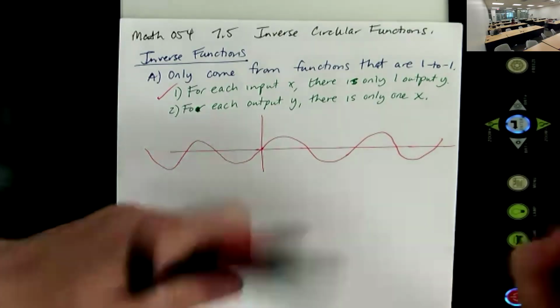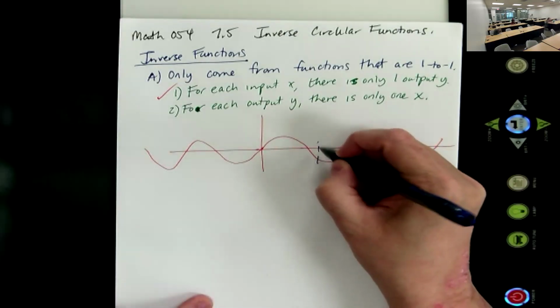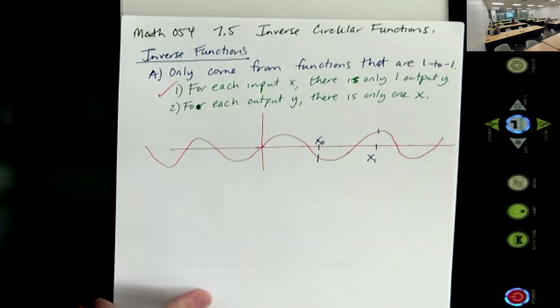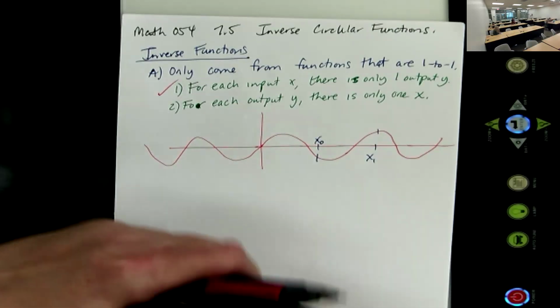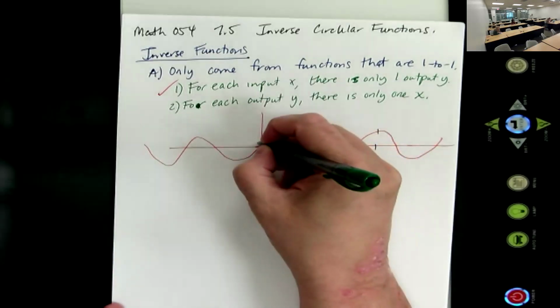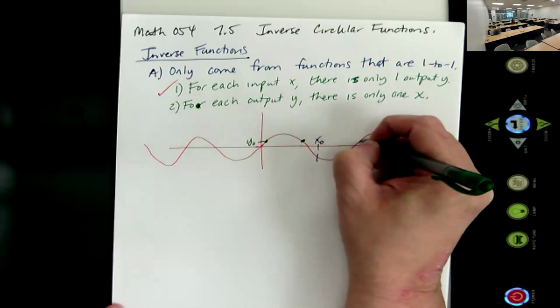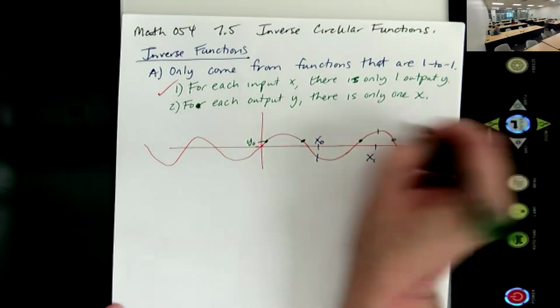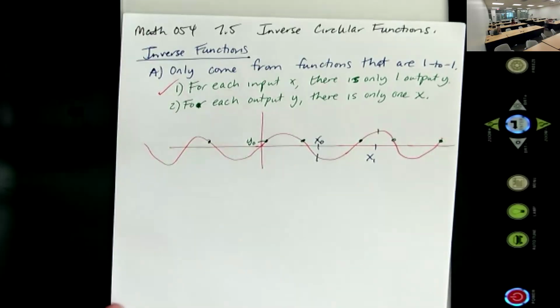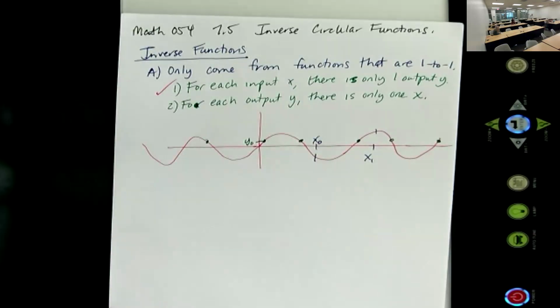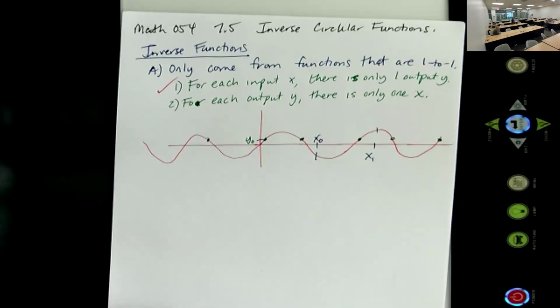No matter where I look, for any given value x, there's only one y. But it doesn't go the other way. For every y, let's call that y0, I have repeat offenders, an infinite number of x values. So we're going to have to address that.